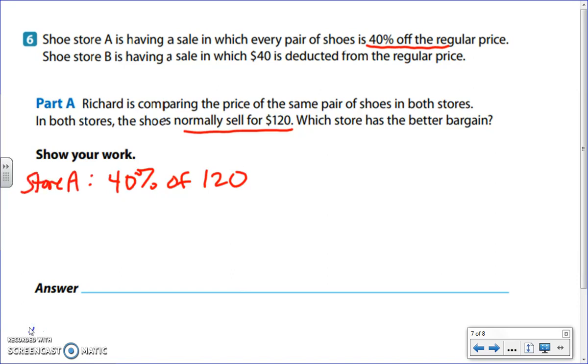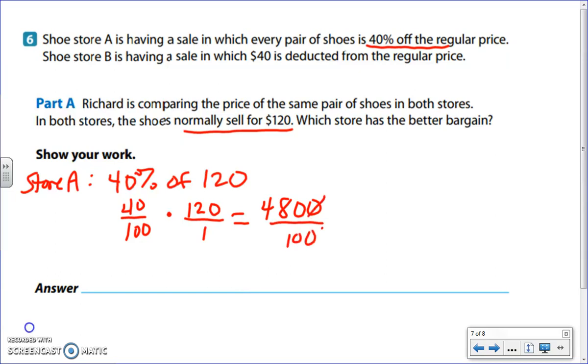So I can do it the first way, find 40% or 40 100ths of 120, multiply. When I multiply that, it looks like I get 4,800. Make sure that's right, 48, two zeros, yep, over 100. And then when I reduce, it looks like I get $48 off.